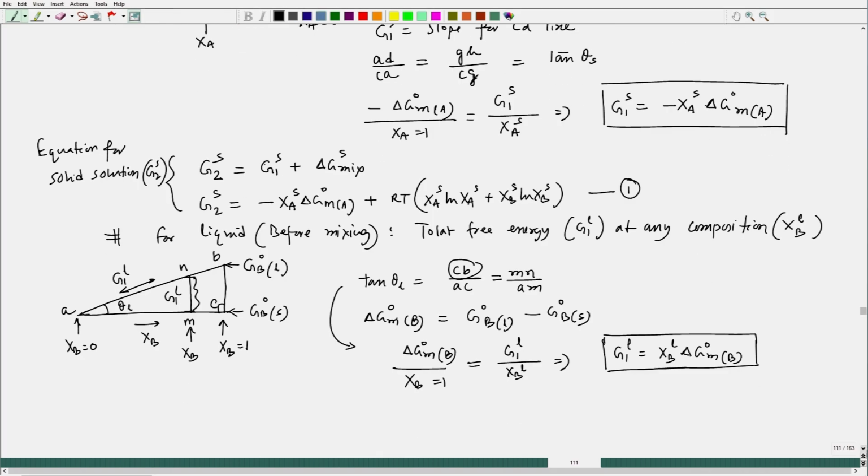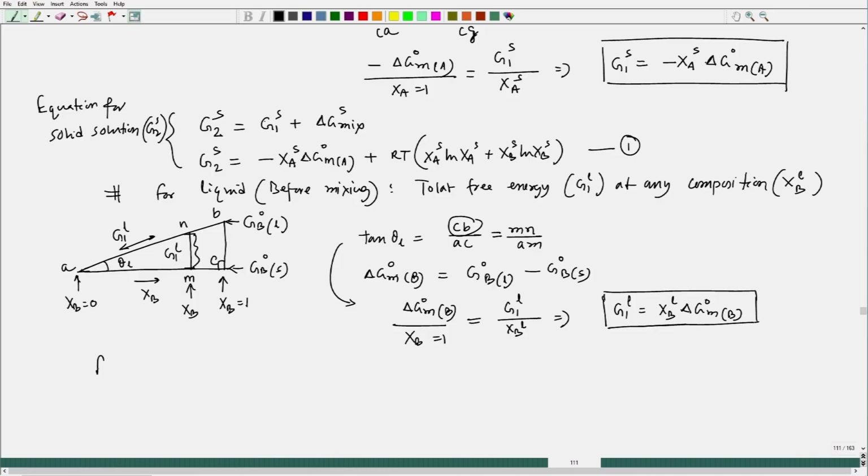Now, we can definitely find the equation for the liquid solution, which is G2 liquid. G2 liquid should be equal to G1 liquid plus delta G mix liquid.